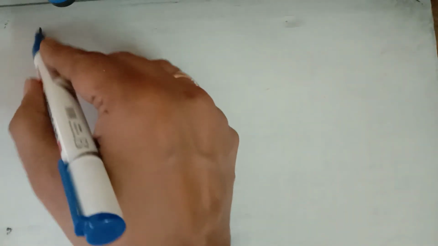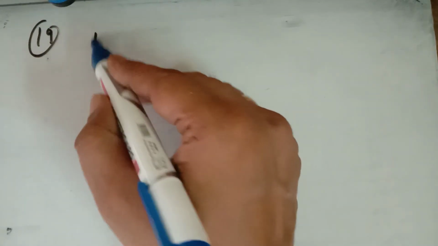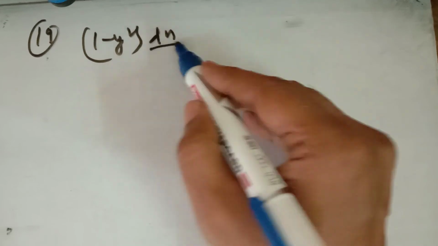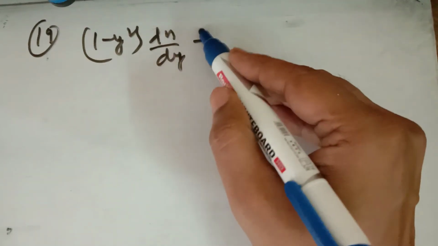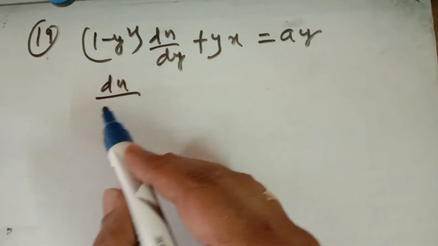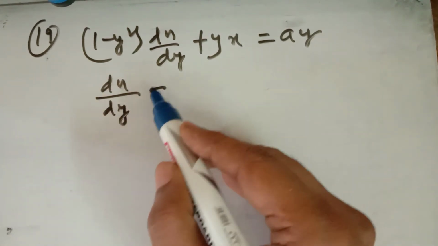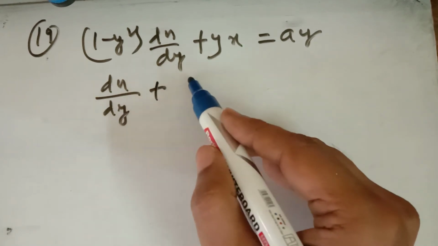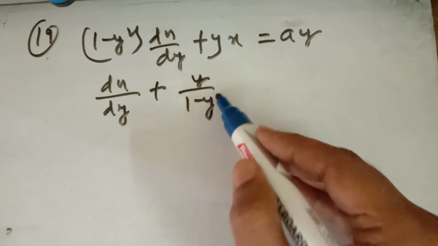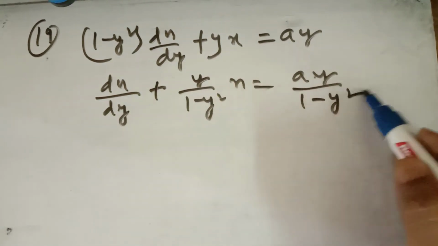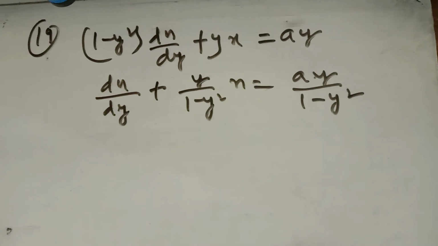Now question number 19, if you see it carefully, it is a linear differential equation of the second form, that is dx/dy plus Px is equal to Q. First of all, you have to divide the whole equation by 1 minus y square.